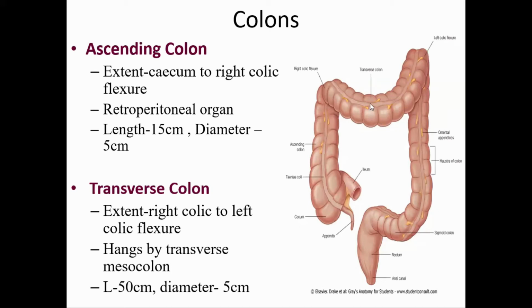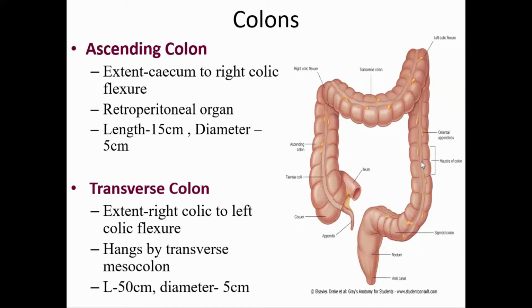In the transverse colon, taenia libera lies inferiorly, posteriorly is taenia mesocolica, and superiorly is taenia omentalis. Omentalis, because in the stomach we have the greater omentum, which extends downward as a greater sac, so it has a relation with the greater omentum, named taenia omentalis. Length of the transverse colon is 50 centimeter and diameter is 5 centimeter.